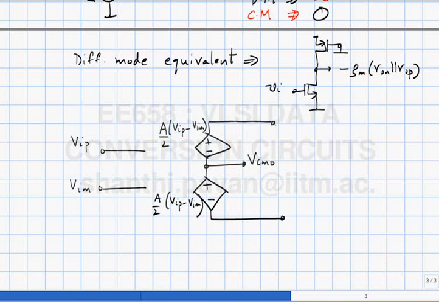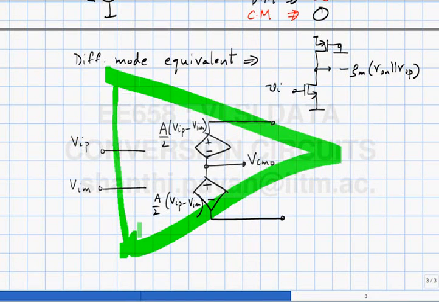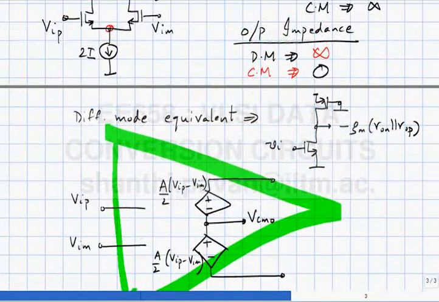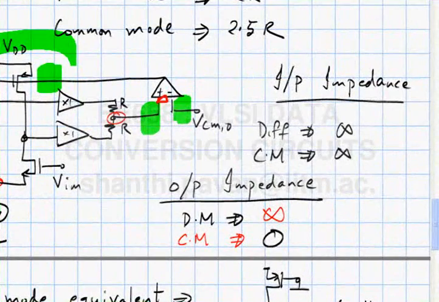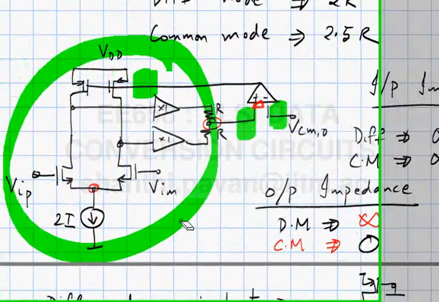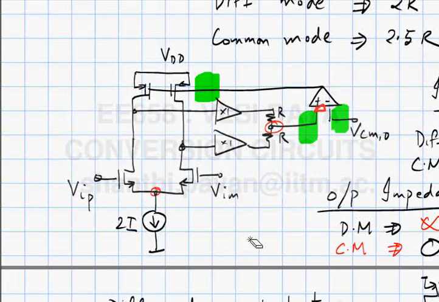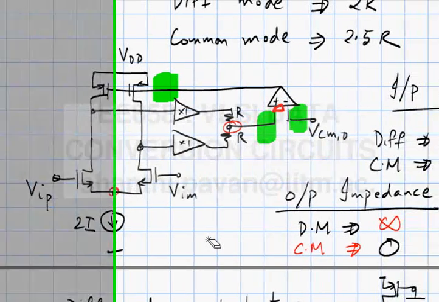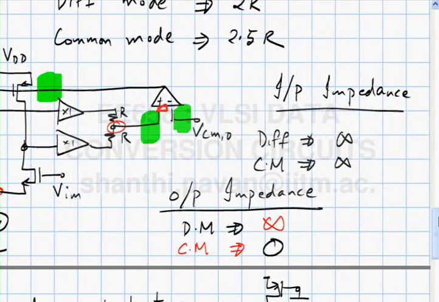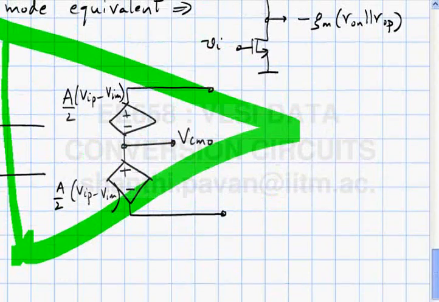Okay, this model will not exactly fit the stuff that we derived here, because what we have here for differential signals is a voltage controlled current source, whereas what we show here is a voltage controlled voltage source.